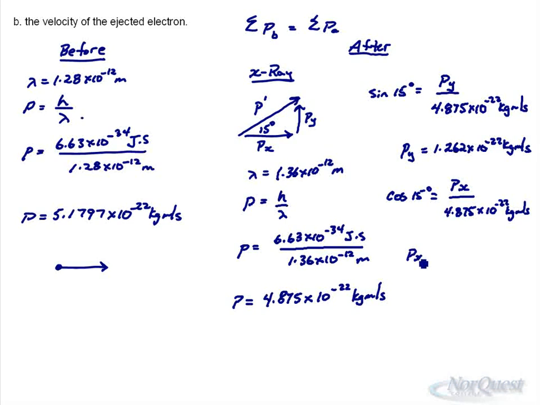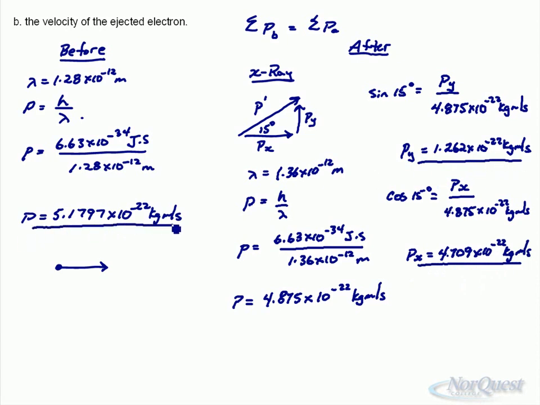So our x component, 4.875 times 10 to the negative 22 times cos 15, is going to equal 4.709 times 10 to the negative 22 kilogram meters per second. So I'm just going to hold tight here and underline these key numbers. My momentum in the x, my momentum in the y, and my momentum before.